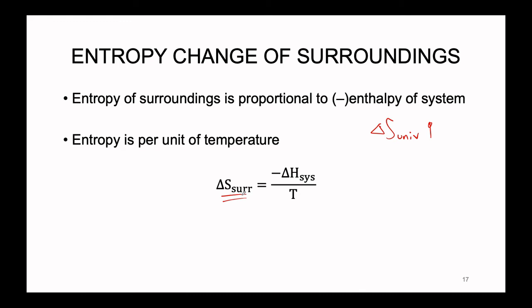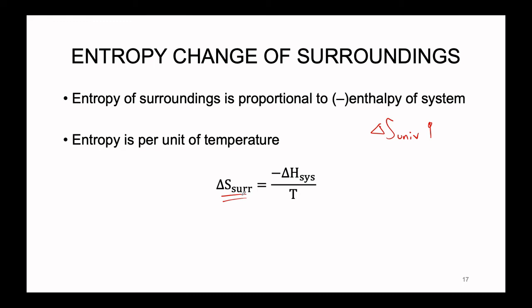All right, so how we can determine the entropy change of our surroundings is by making a couple of assumptions about the relationship between the surroundings and the system. It's difficult to observe the entirety of the surroundings because the surroundings is by definition everything in the universe that's not the system.